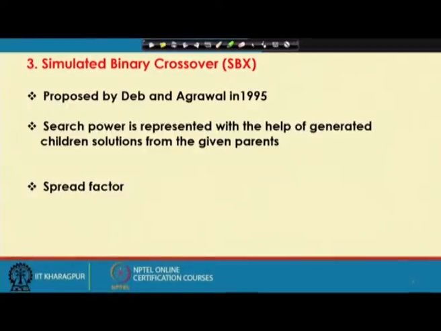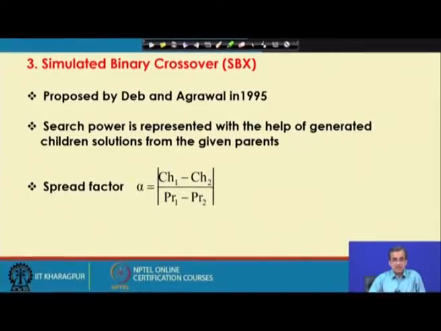Before I proceed further, I have to define one parameter, called the spread factor. The spread factor is denoted by alpha, and it is the ratio of the difference between the two children solutions to the difference between the two parents, taking the mod value. So, we find the difference between the two children, CH1 minus CH2, and the difference between the two parents, PR1 minus PR2.